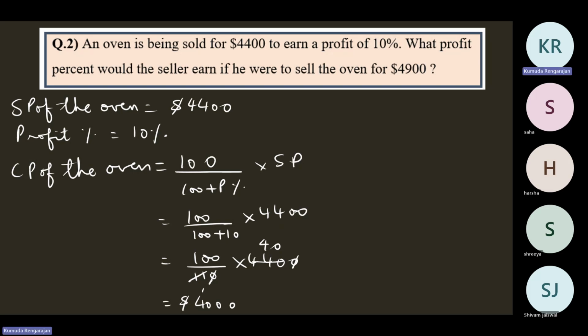The question is, what if he sold the oven for $4,900? If the selling price is $4,400, then the profit percent is 10%. If the selling price were $4,900, then what is the profit percent?